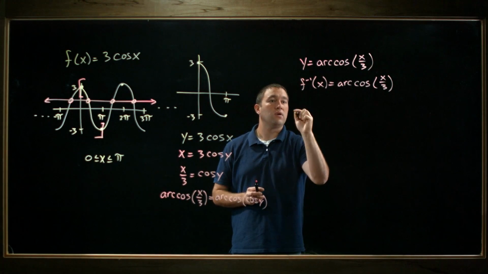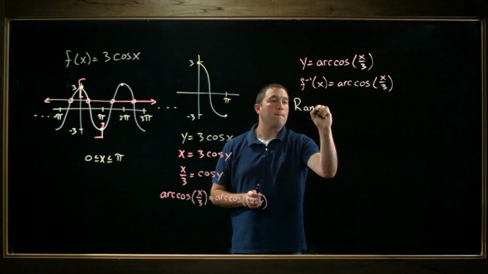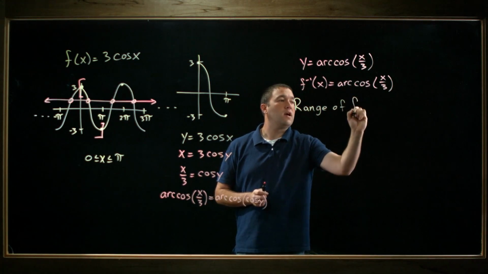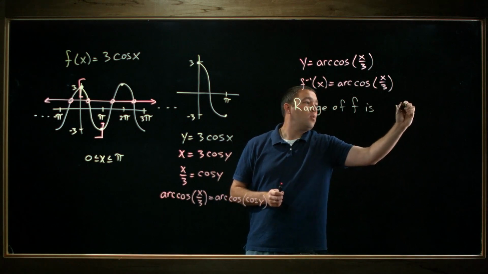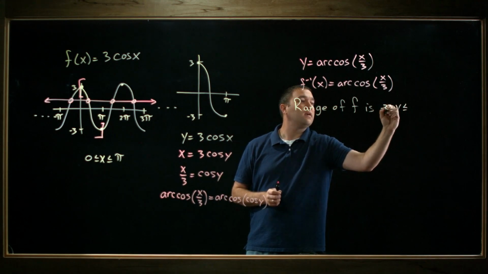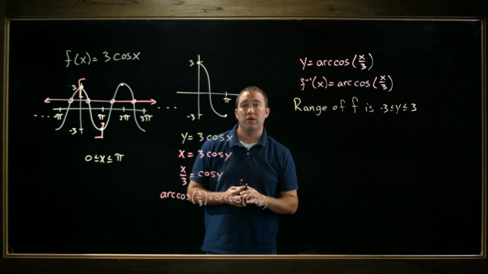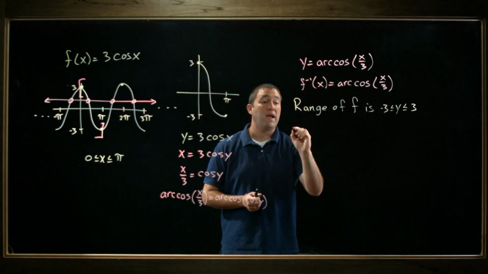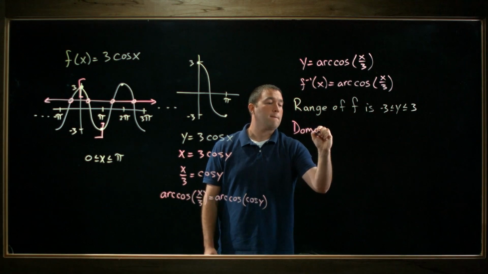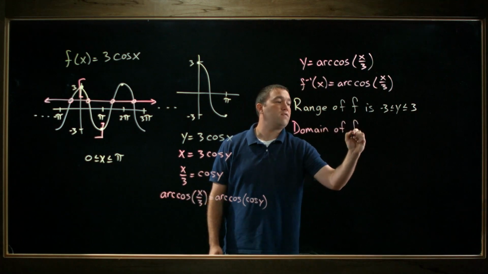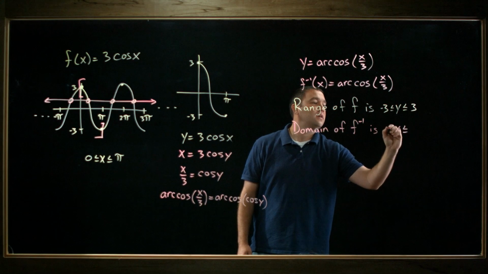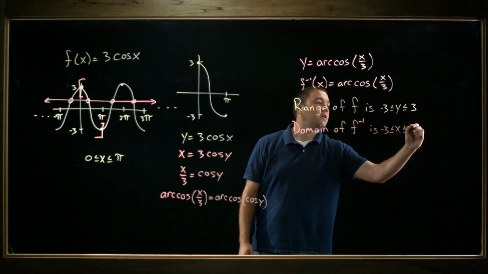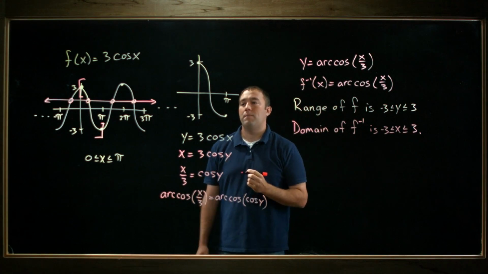So the range of f is y is between negative 3 and 3. So therefore, the domain of its inverse, f inverse, is x is between negative 3 and 3.